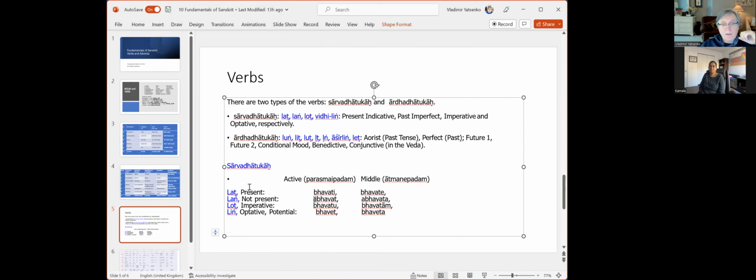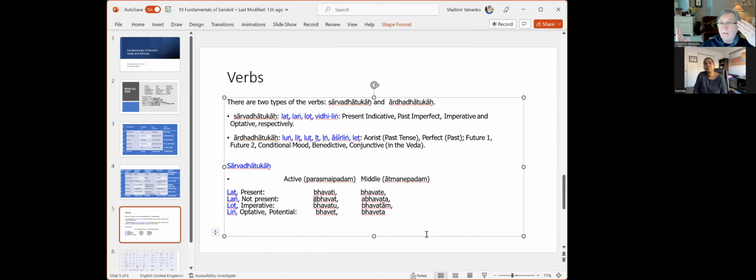So now this is the Sarvadhatukas. If you look at this, you see that for the language to function, you have to have present tense, because you have to describe the event. You have to have something which is not actual, something past tense, and you have two modalities. One is wishing to do, and the other is commanding. That's it.